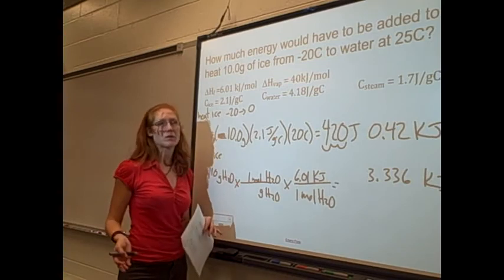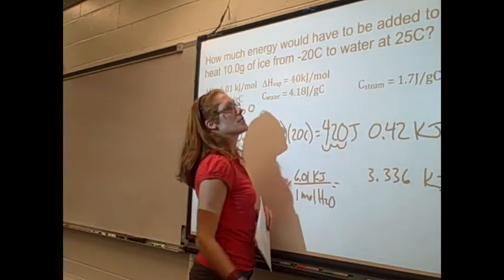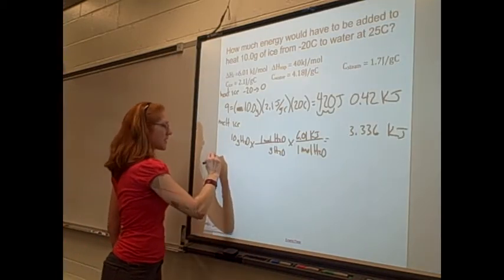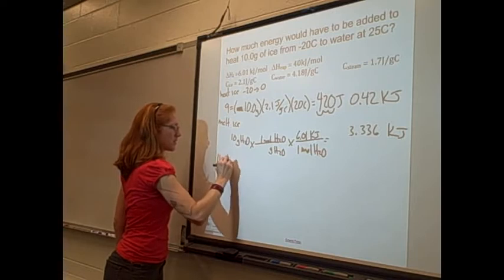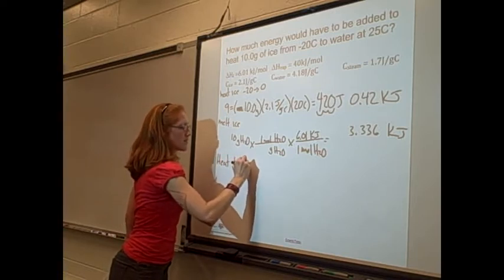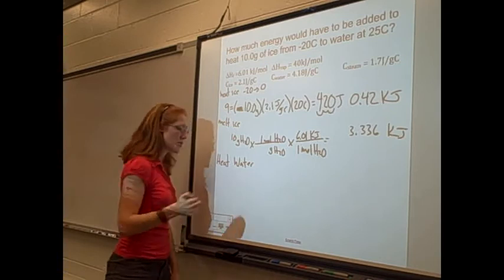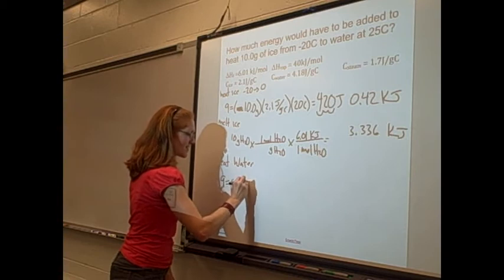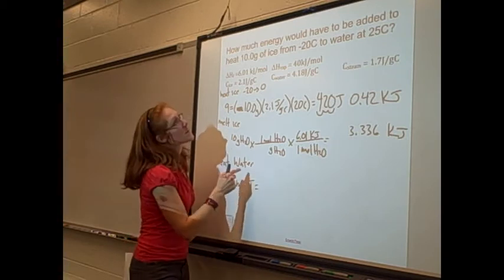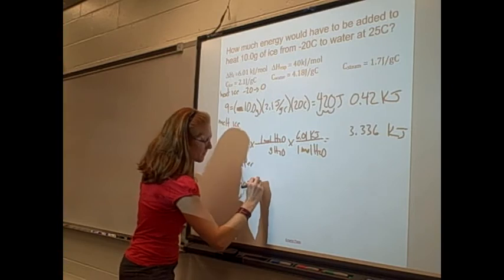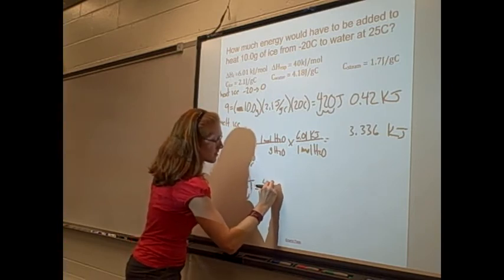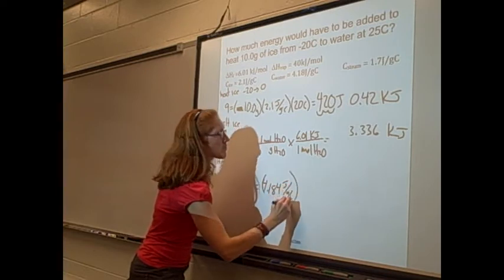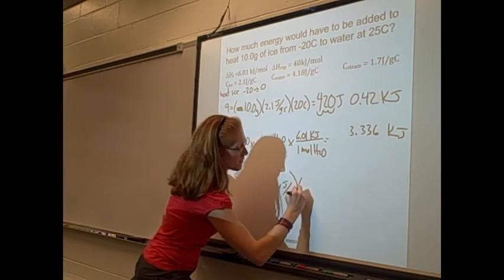Okay, so now I've melted my ice and I have water. I have water at 0 degrees, and I'm going to heat that water up to 25 degrees. So this next step is heating water. So I know since I'm heating it, I'm changing temperature. I'm going to use Q equals Cm delta T. So I know the specific heat of water is 4.184, and that's joules per gram degree Celsius. The mass of the water that I'm heating is still 10 grams.